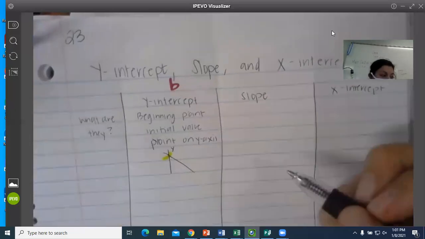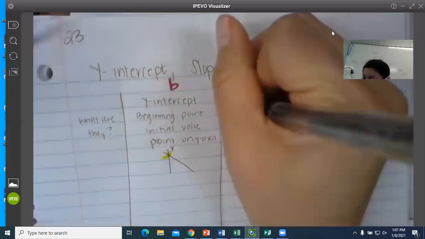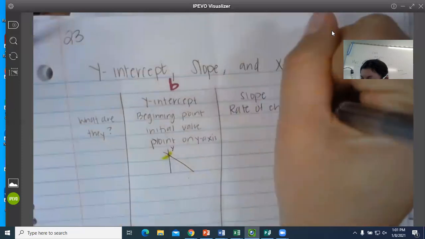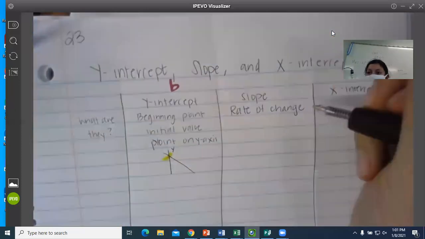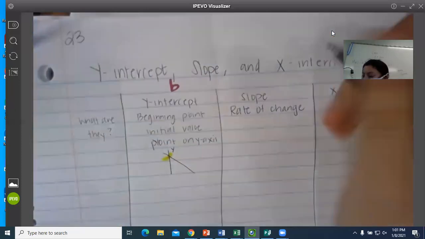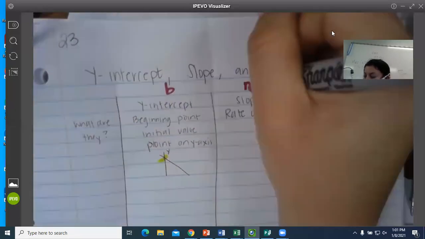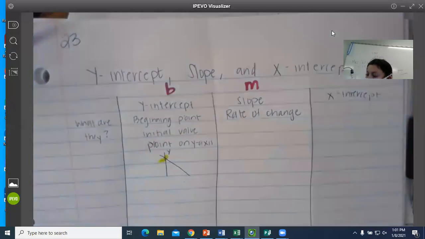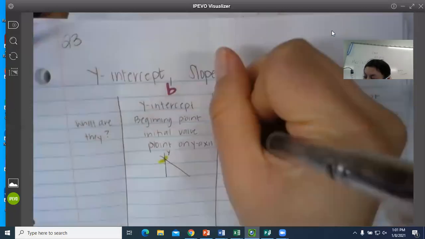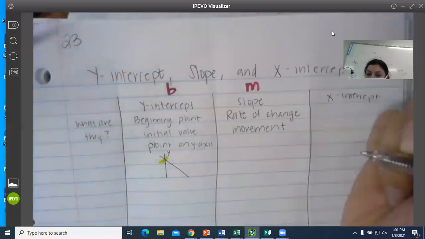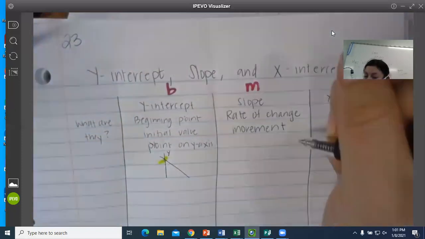The slope is the rate of change. And so what that means is that 2 things are changing. The notation for slope is M. It's the movement of the graph. It's how things move, whether it goes up or down, rise over run.